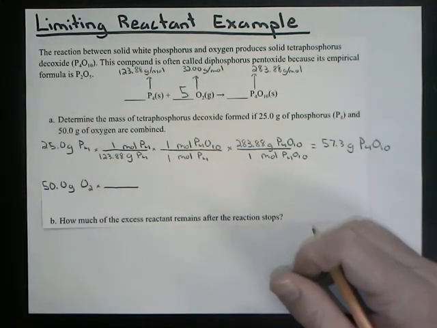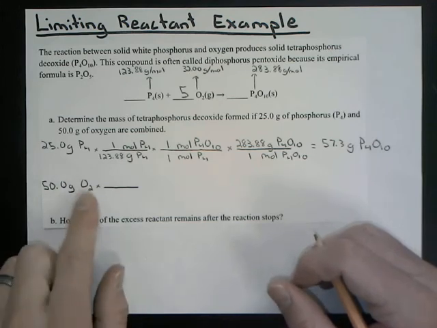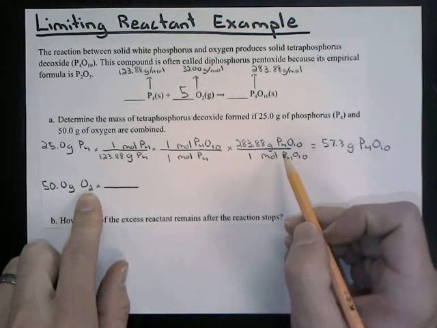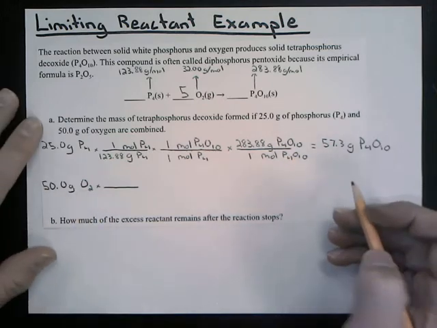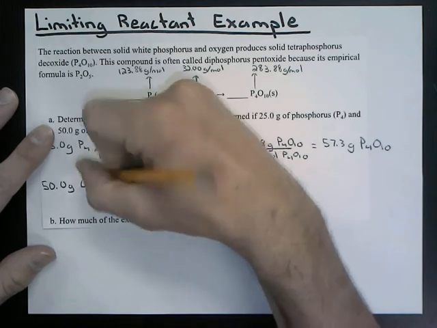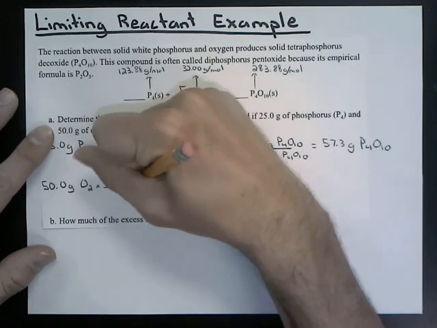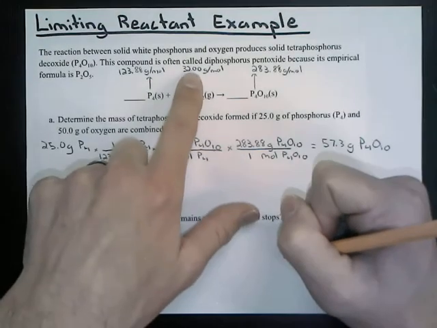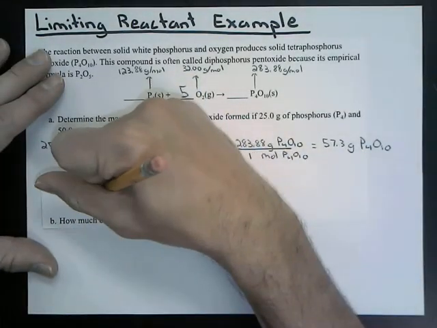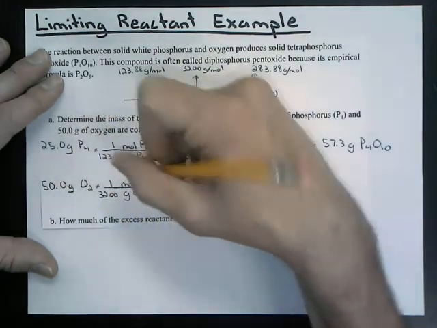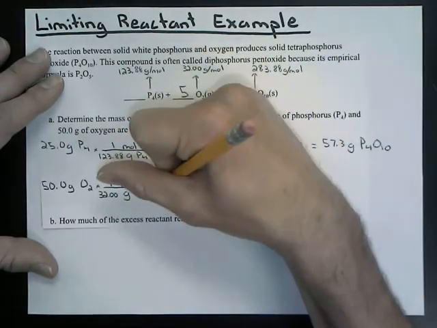Okay, now what we need to do, we need to convert grams of O2 and get it to grams of P4O10 to compare. So the first thing that we do is we cancel out grams of O2 and we get to units of moles of O2. So the molar mass of oxygen is 32.00 grams per mole. So I'm going to put 32.00 grams for every 1 mole.